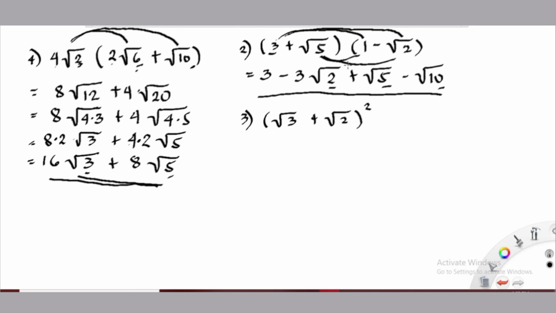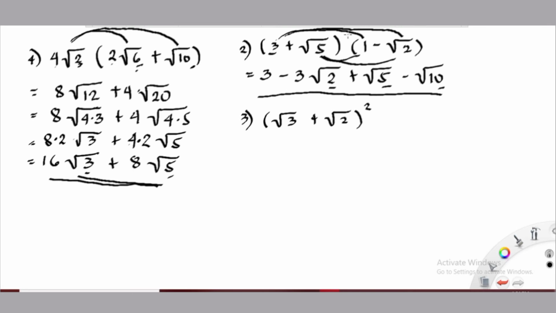I hope that you still remember it. Okay? Pero kung hindi na naaalala, you can expand this. It means na you have to multiply square root of 3 plus the square root of 2 by itself 2 beses. Okay? You do the FOIL method or the distributive property, the same with what we did with number 2.